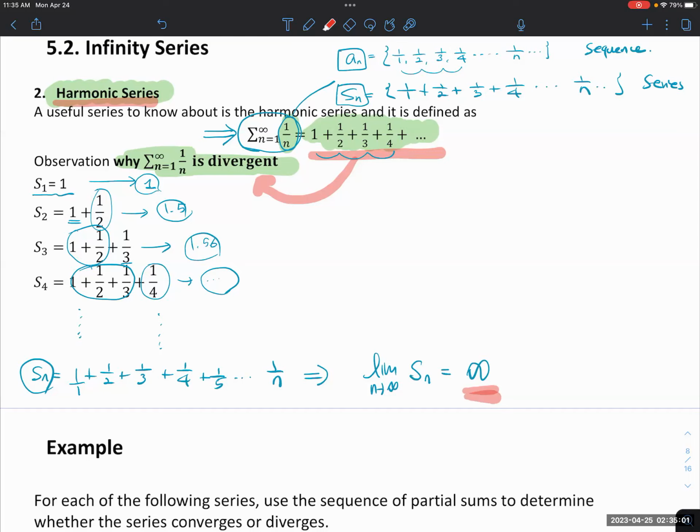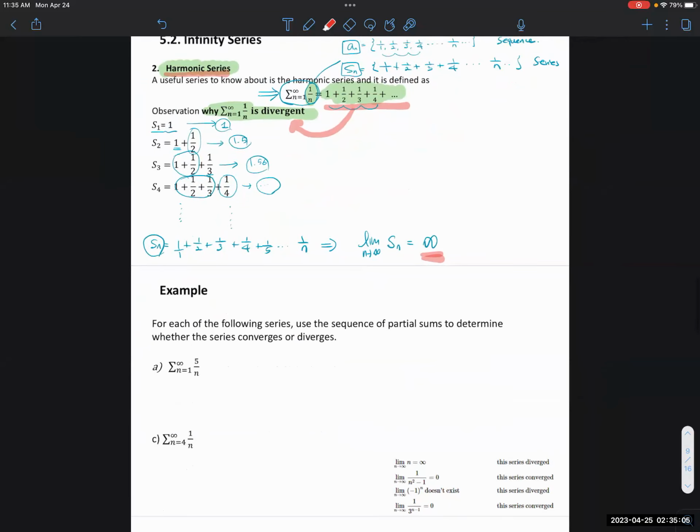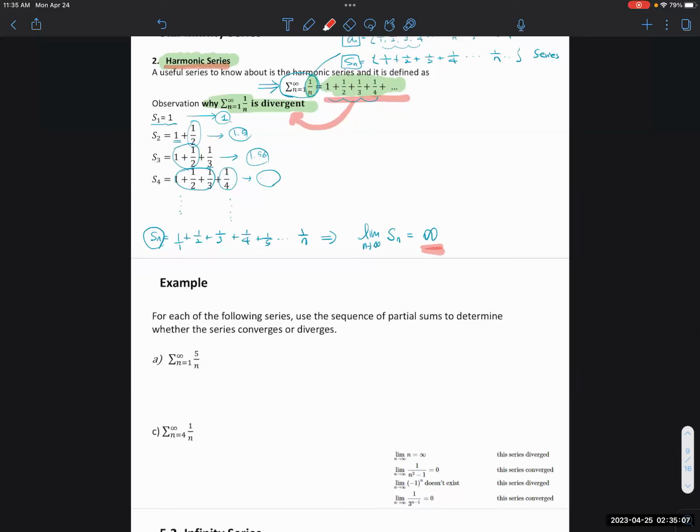So based on this information, we can take a look at the bottom. Look at that. Okay, this one, they want to prove it. This is a series. Can I bring 5 to the front? It's going to be 5 times the summation from n equals 1 to infinity of 1/n. They want to know whether it is convergent or divergent.